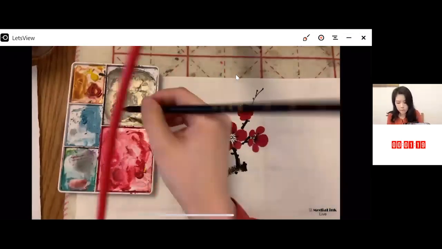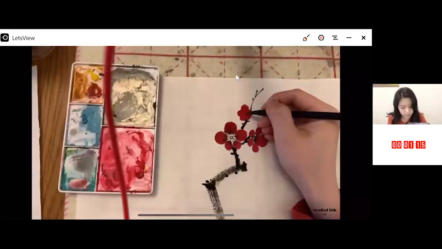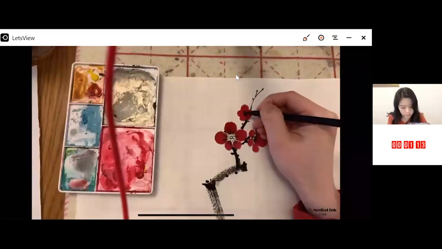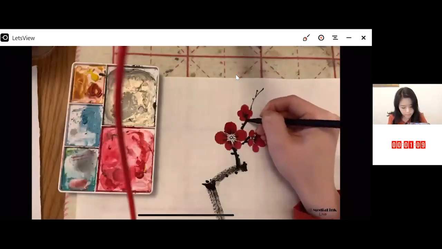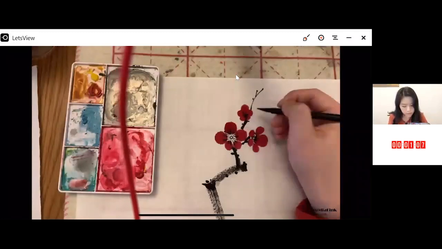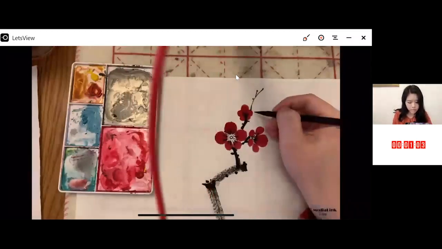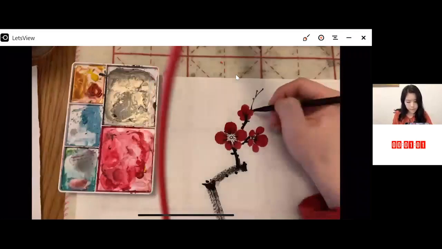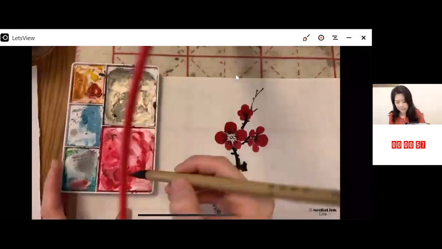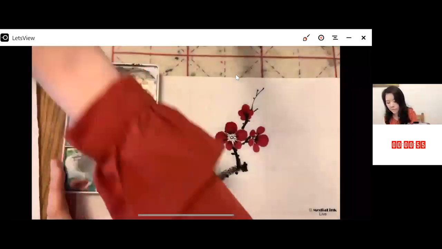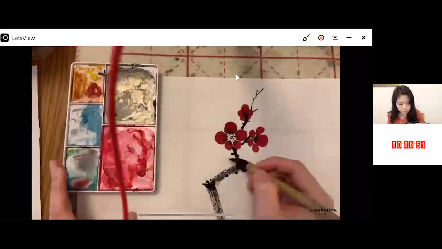Okay, another one done. And this one facing the back. So it's like this. So don't forget to link it with the twig here. Now I'm just going to add some flower buds here.